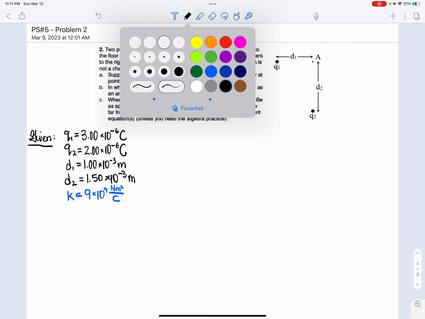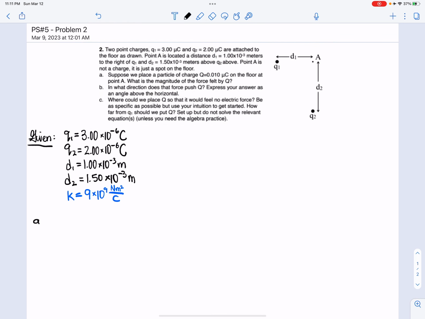All right, so part A. What is the magnitude of force felt by particle Q? I'm just going to encircle particle Q here. A particle of charge capital Q of 0.01 times 10 to the negative 6 coulombs is going to be placed right here, at this spot.